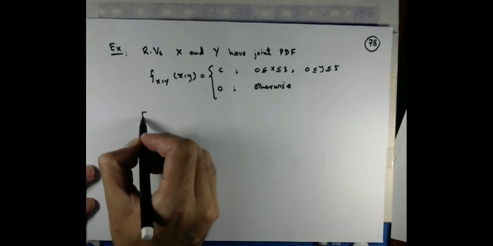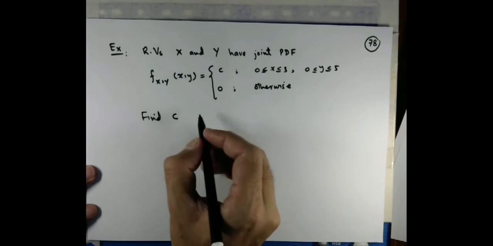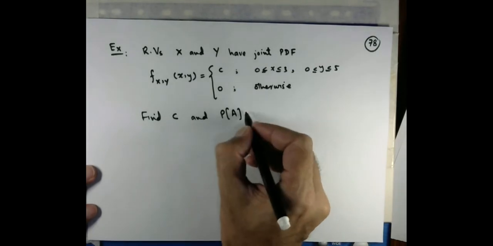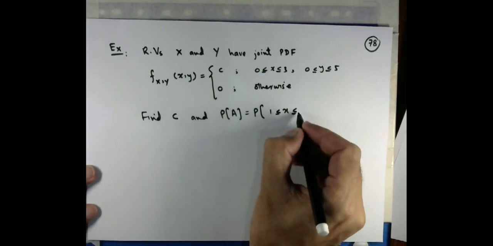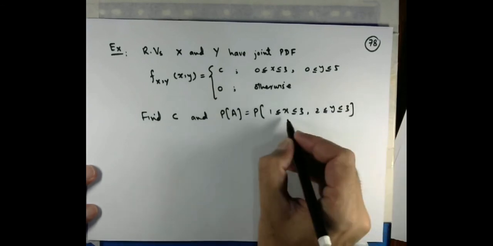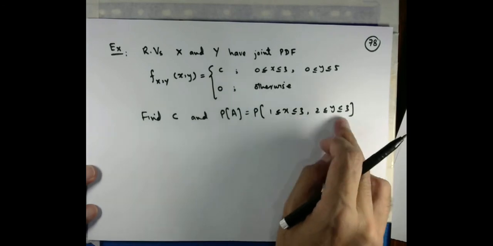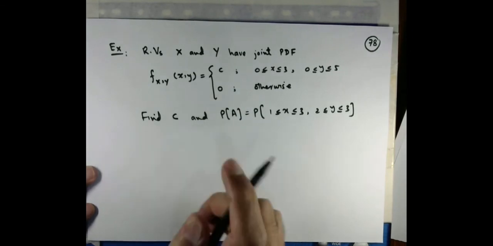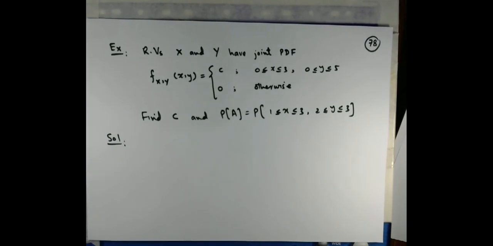So we need to find first the value of C and the probability of a certain area A, which is the probability that x is greater than or equal to 1 and less than or equal to 3, and y is greater than or equal to 2 and less than or equal to 3. So this area between 1 and 3 on the x-axis and between 2 and 3 on the y-axis is given as event A, and we need to find the probability of that event. So solving this should not be a problem.